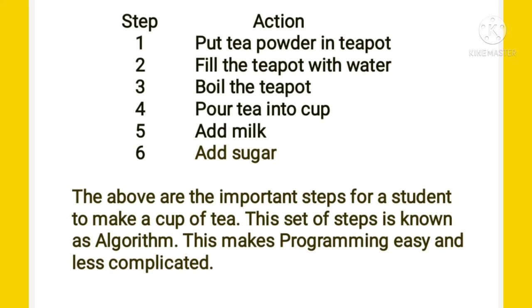The first step for preparing the tea is put the tea powder in teapot. Second, fill the teapot with water. Third, boil the teapot. Fourth point is pour tea into the cup. Fifth, add milk. Sixth one, add sugar. This is the process for preparing the tea.